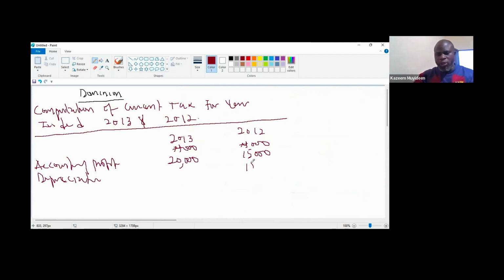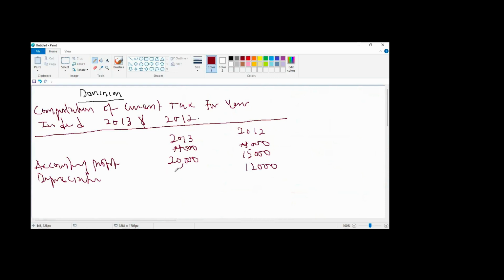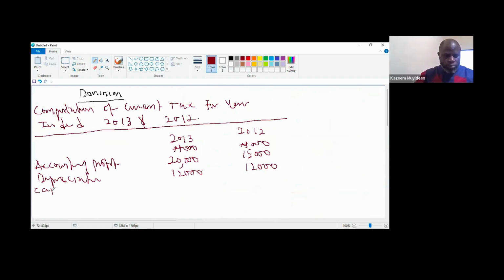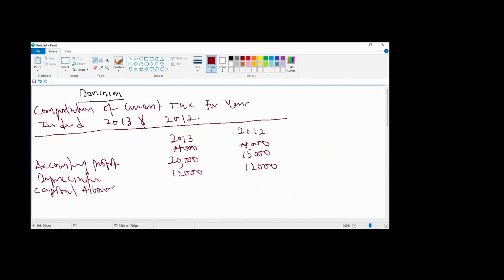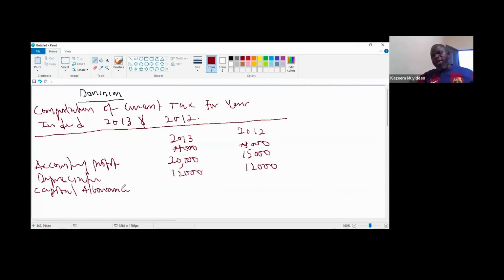Depreciation of 12,000. Then the capital allowance. We don't need 2011. We need 2012.